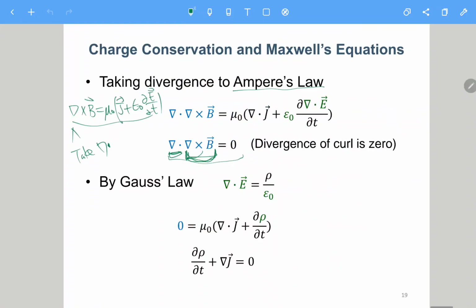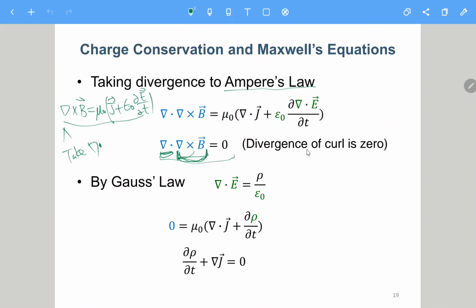So in this case, the divergence of curl is always 0, which means that this term is 0. Then for the divergence of E, according to Gauss's law, divergence of E is rho over epsilon naught. So we can put this in there.